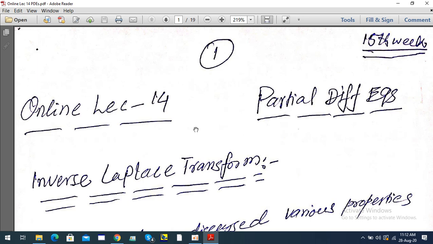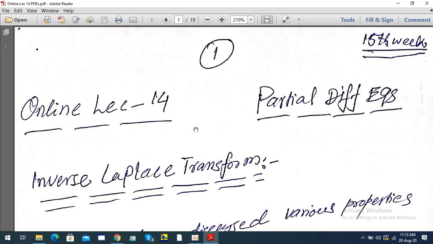If there are other tools for the solving of differential equations, then some necessary and sufficient conditions, how to apply this, how to find the Laplace transform of some elementary functions, and also we have applied this to the terms that are relative with respect to space or with respect to time.